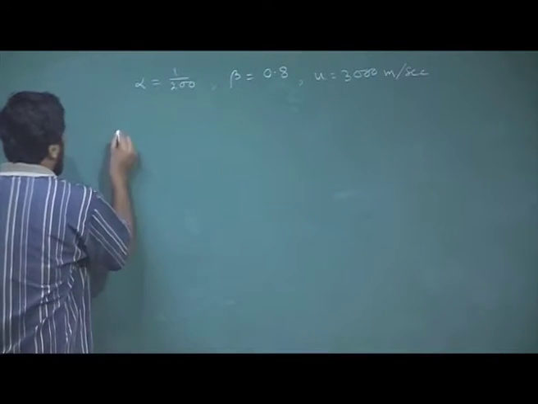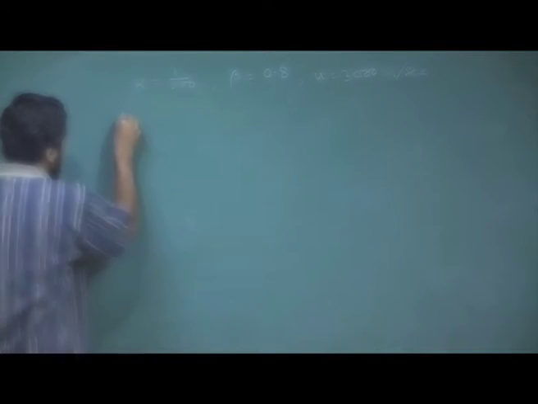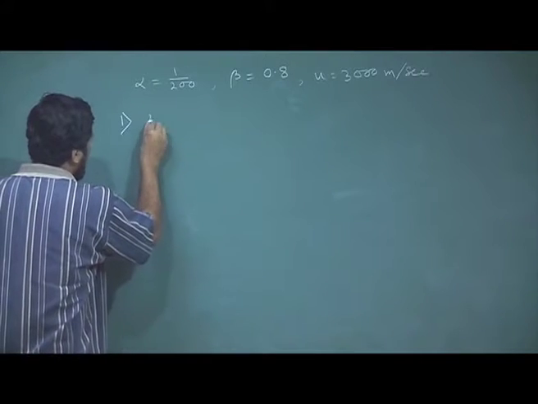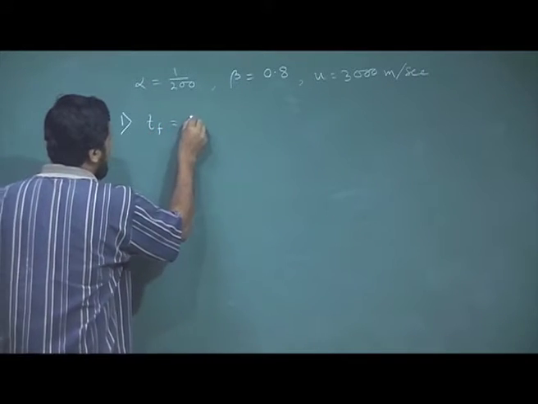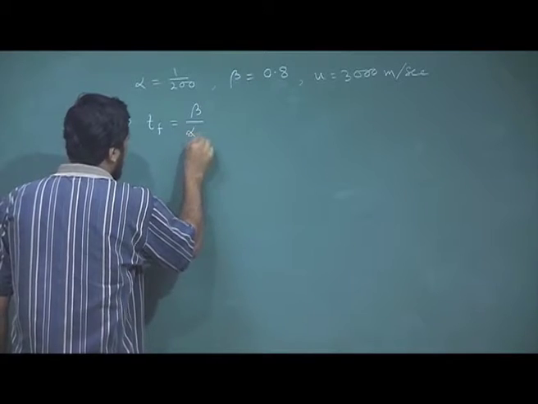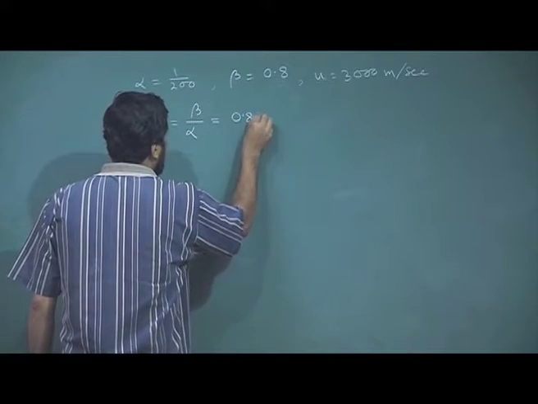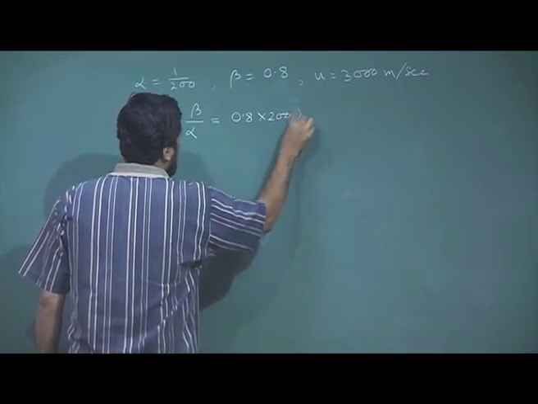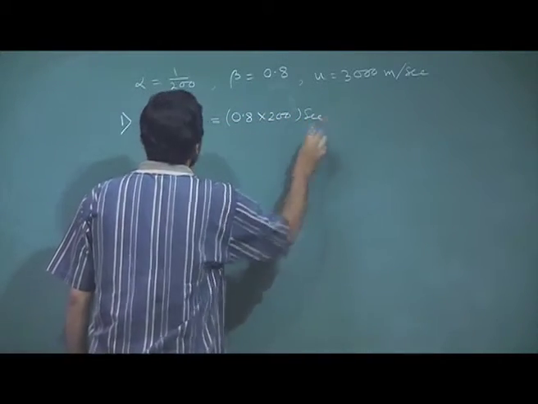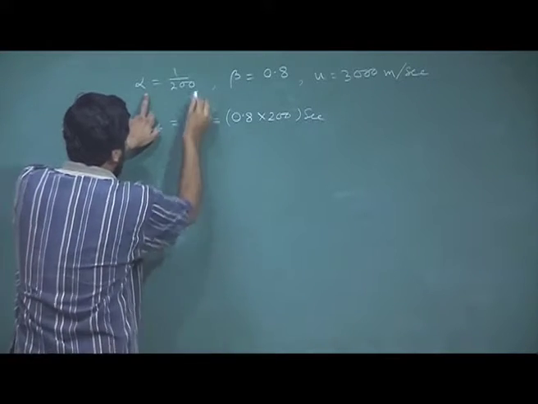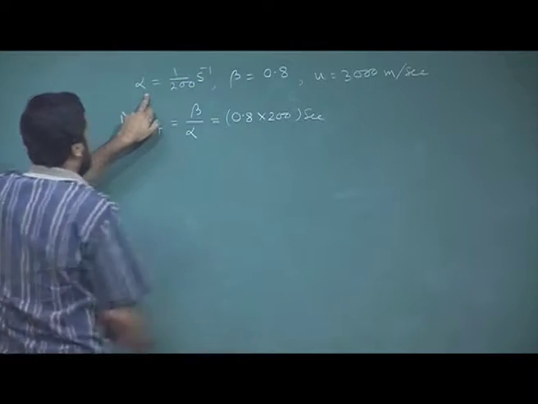Now, calculation of total time of flight is pretty straightforward, because Tf, if we recall, is simply beta by alpha. So, it will be 0.8 into 200 seconds. So, the unit of alpha, if you understand, is second inverse.